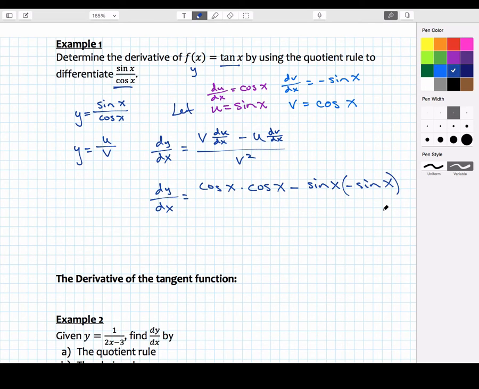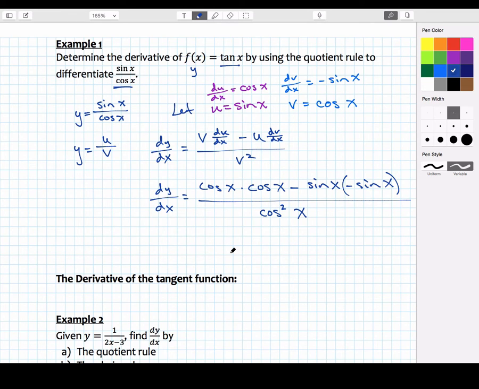Anytime you're multiplying with negatives, you really need to put brackets around to make sure that you're indicating multiplication and not subtraction. And then we're going to divide this whole expression by the square of v. V in this case happens to be cosine x, and our notation for squaring trig functions is cosine squared of x. That's cosine x times cosine x.